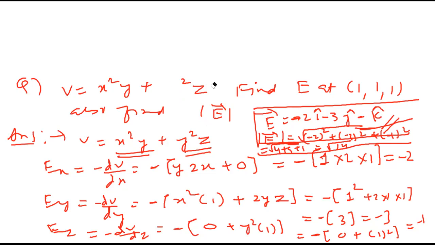Are you able to find your mistake somewhere? No, sir. See, what came first? Ex came as minus 2. And Ey came as minus 3. Ey minus 4? No, minus 3 will come, right, 2 into 1 into 1. Yes, sir, I understood. Okay, rectify.